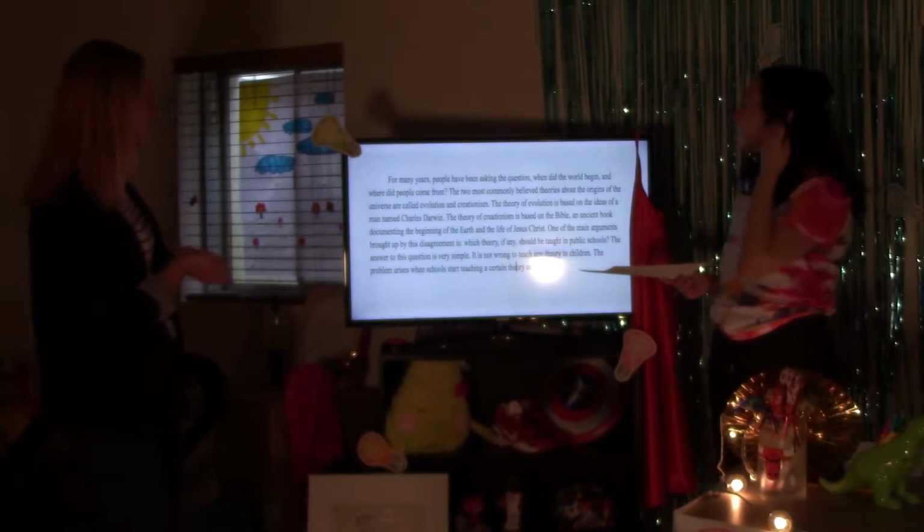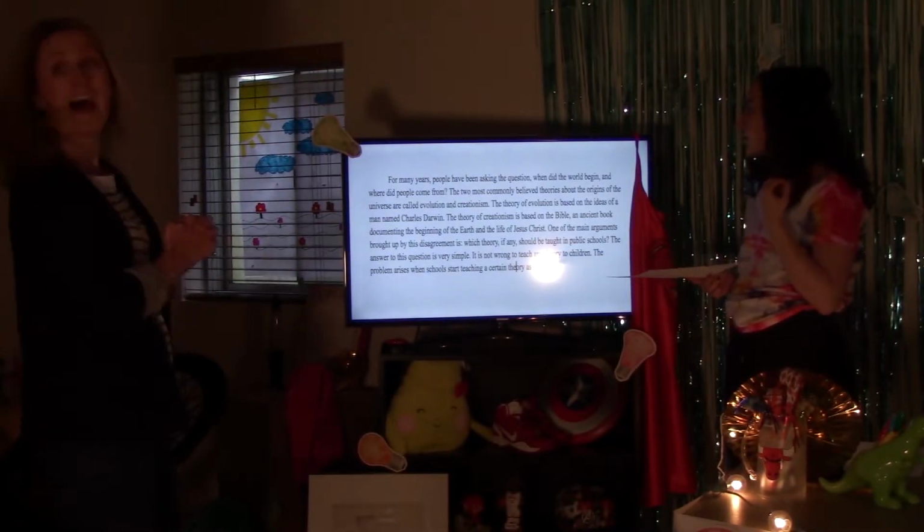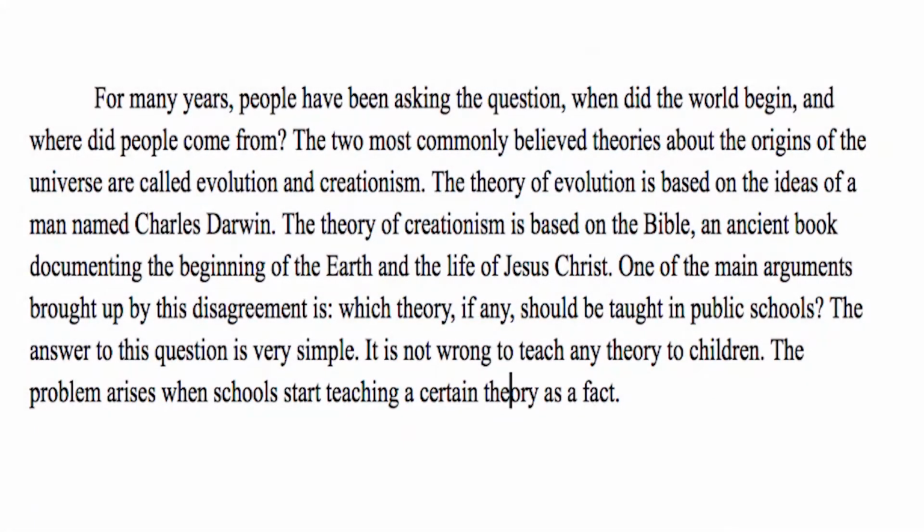Okay, this is from Todd. Todd, way to go. For many years, people have been asking the question, when did the world begin? And where did people come from? The two most commonly believed theories about the origins of the universe are called evolution and creationism. The theory of evolution is based on the ideas of a man named Charles Darwin.